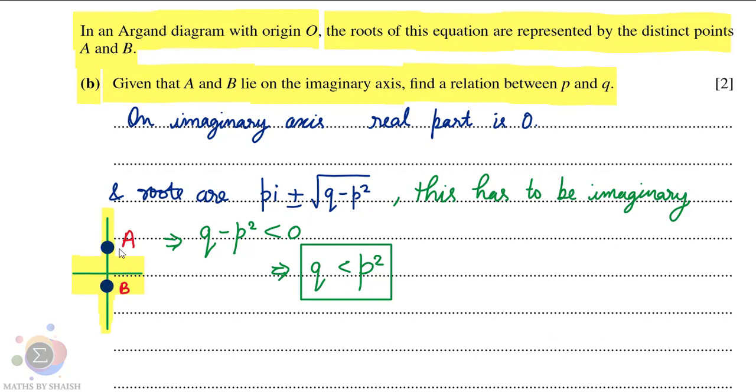What does it mean? It means there is no real part. Since we got the roots as p iota plus minus root of q minus p square, there should be no real part.